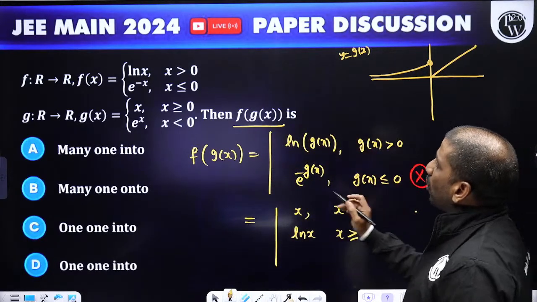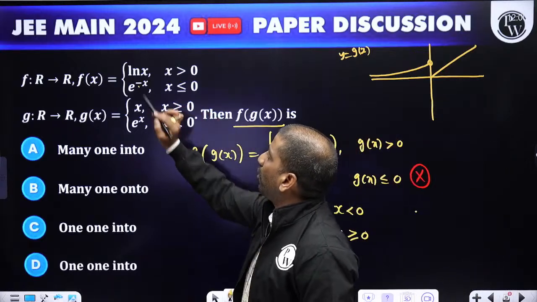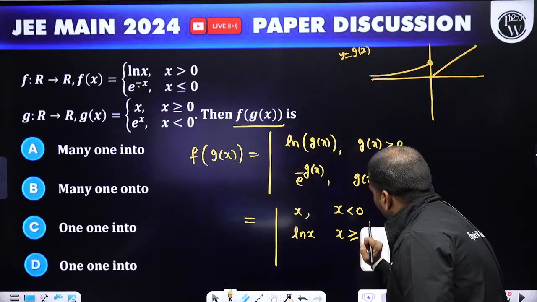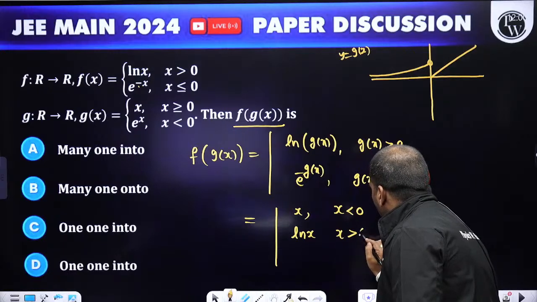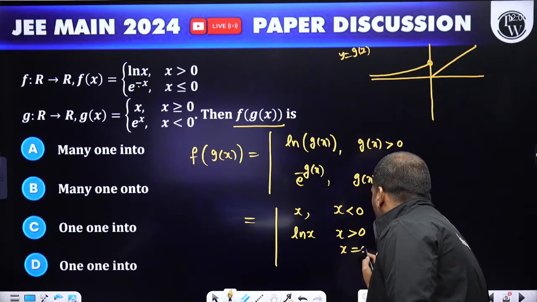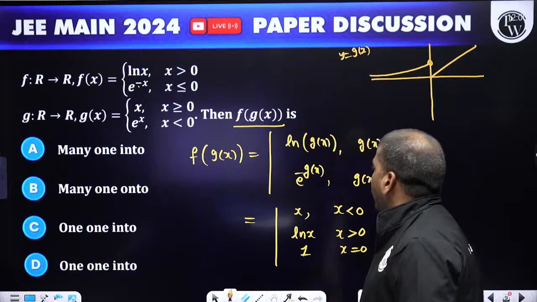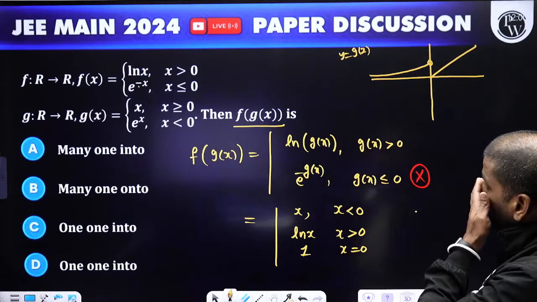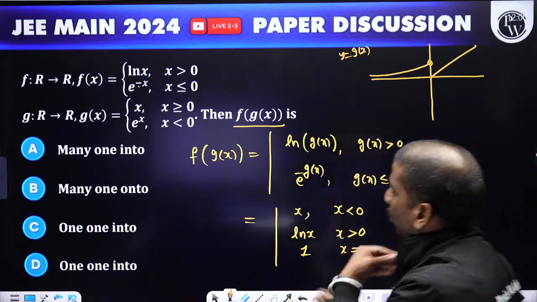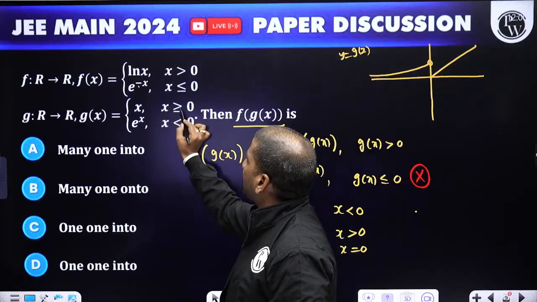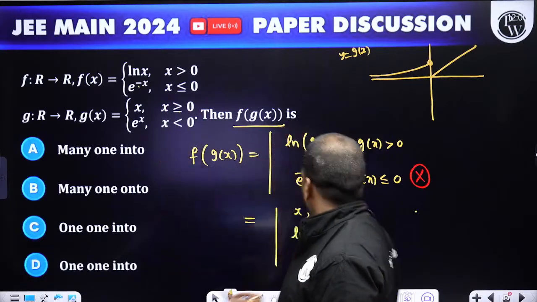But at x equal to 0, this is e power minus x, that is the only different one. At 0 it is not defined. At x equal to 0, that will become e power 0, that's the common point. At x equal to 0, that is equal to 1.